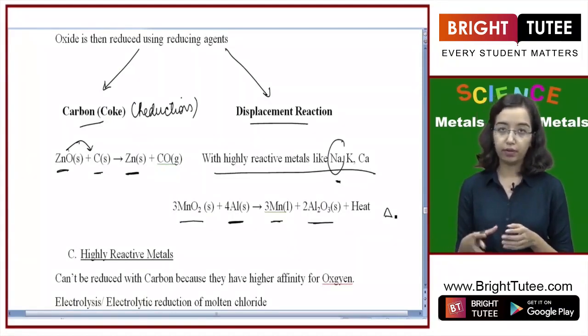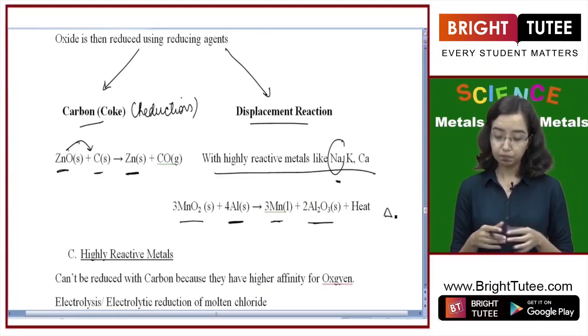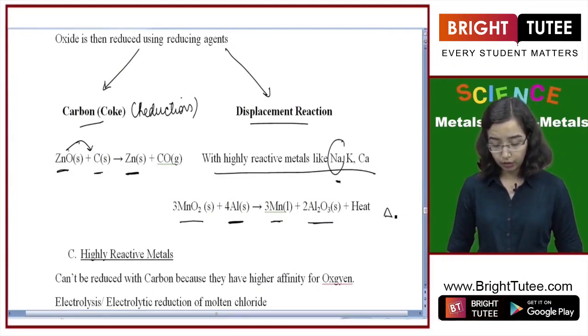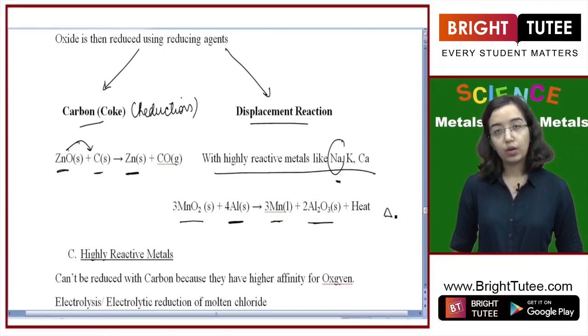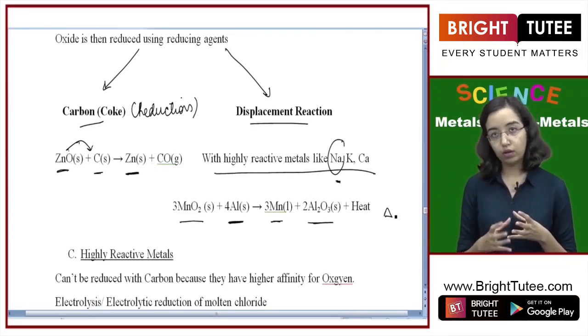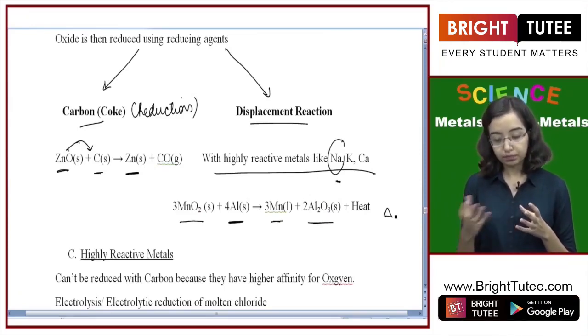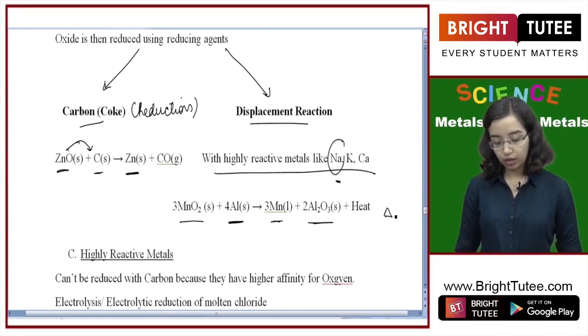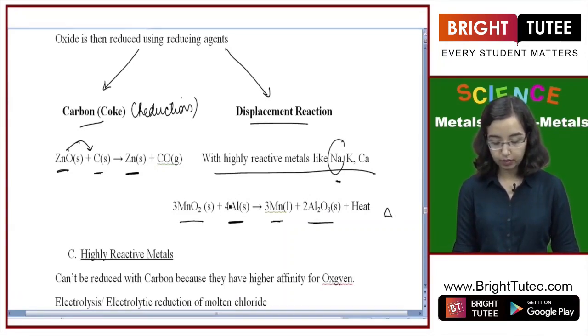We'll study this further when we are answering certain questions. But you can understand right now that the thermit reaction is a highly exothermic reaction. When we use a metal of much higher reactivity to extract the pure metal from its ore, from its oxide, for example, in manganese here, we are using aluminium, which is highly reactive, to extract manganese from its oxide.